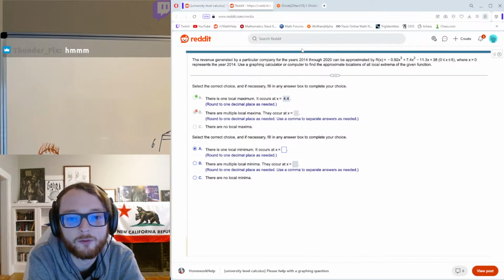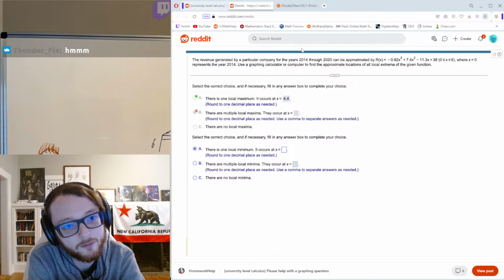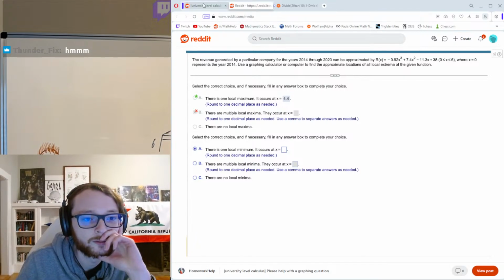To use a graphing calculator or computer to approximate the locations of all local extrema. Oh, okay. So what's their question? They were able to do the maximum, but not the minimum? I wonder why they're stuck. Oh wait, they didn't do that part.